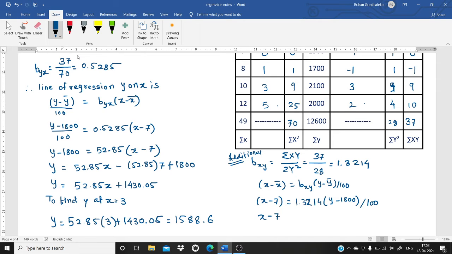So this is x minus 7 is equal to, okay, we'll first finish this, 1.3214 divided by 100, which gives me 0.0132 into y minus 1800. So hence x is equal to 0.0132 into y minus 0.0132 into 1800 plus 7.